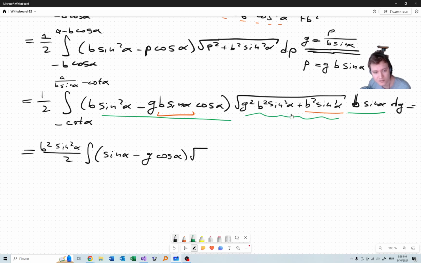So actually it's b cubed sine cubed. So I eliminated it once, twice, and thrice.